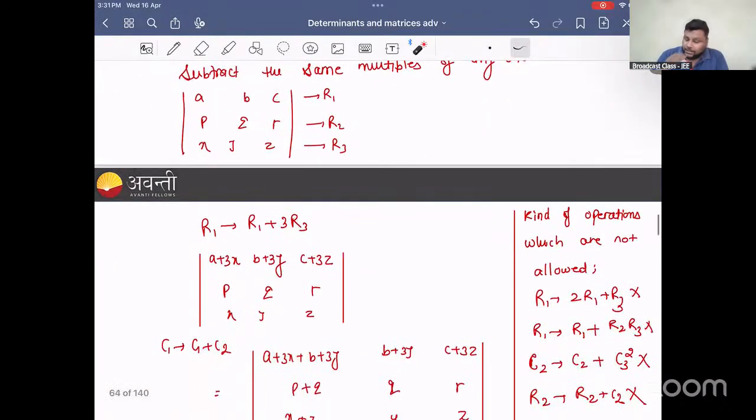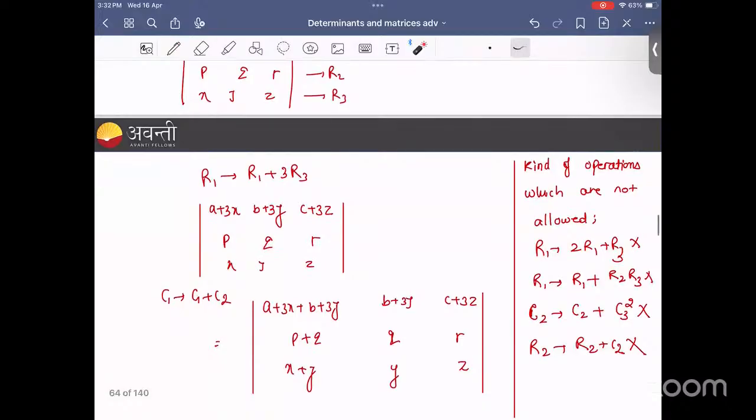Now I'm applying an operation: R1, I'm writing R1 plus 3R3. Means in the elements of R1, I am adding the third multiples of row 3. So you get this? Yes or no, Abhishek? Yes, sir, I got it.